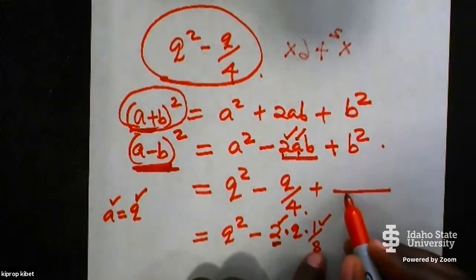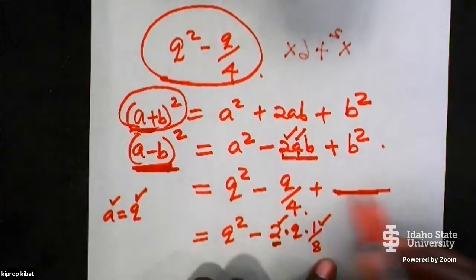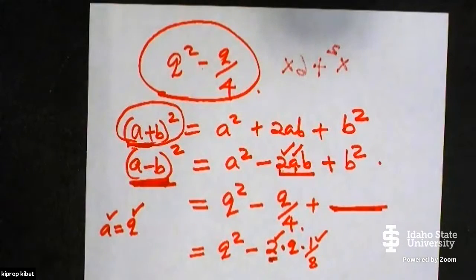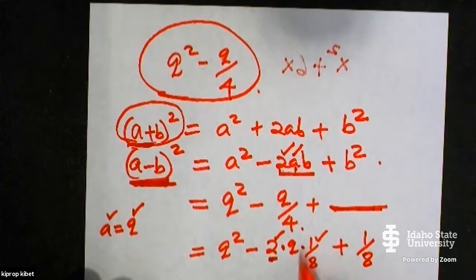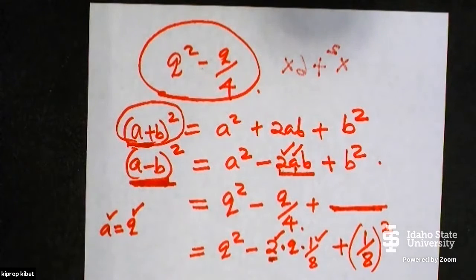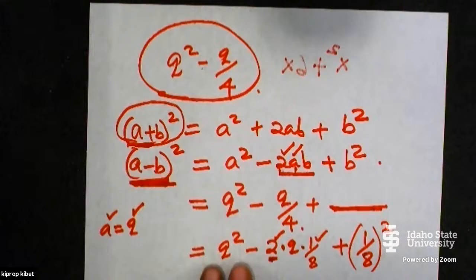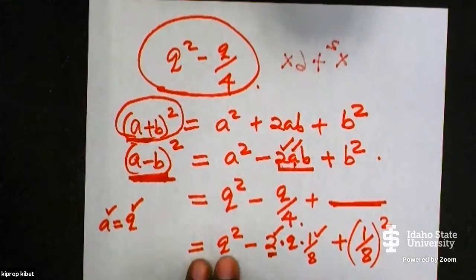Now, what will we put here? So it will be plus 1 over 8 because we have known the B to be 1 over 8, and then you square, right? And then you square. So now what can we see from here? So we've seen Q to be what?